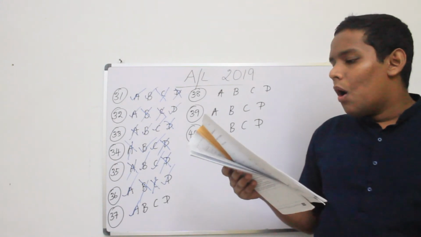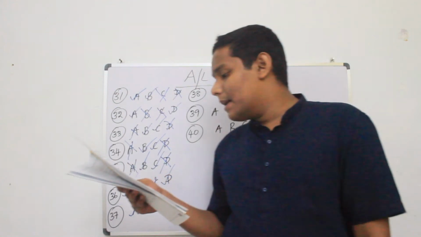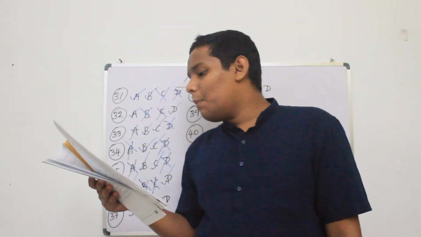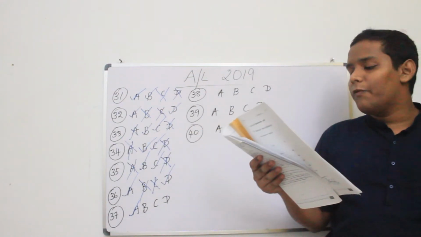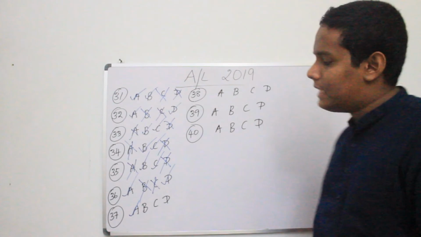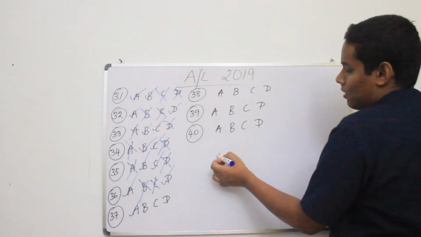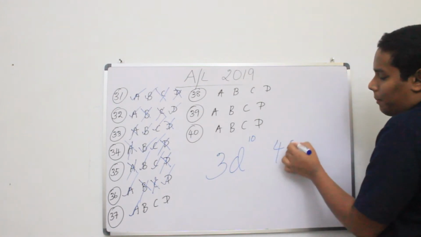B. In contrast to ions of most main group elements, s and p, 3d block ions rarely attain the noble gas configuration. For example, let's take Cu2 plus. Cu is 3d10 4s1.